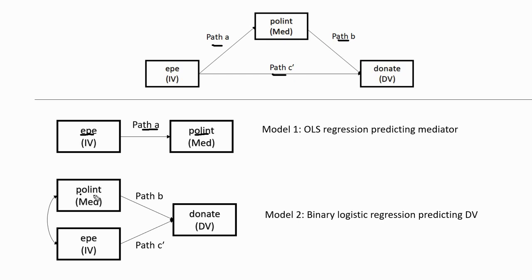So in this case we have the direct effect of political interest on donate, and we also have the direct effect of external political efficacy on donate right there. And so in this case we are estimating paths B and C. So the indirect effect, which is used to evaluate mediation, is computed as a product of paths A and B.